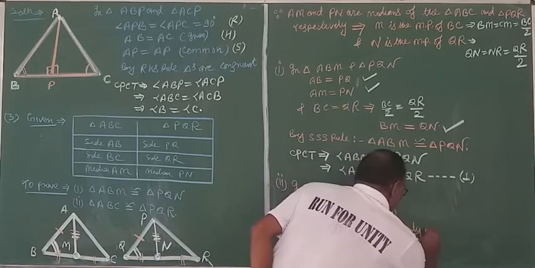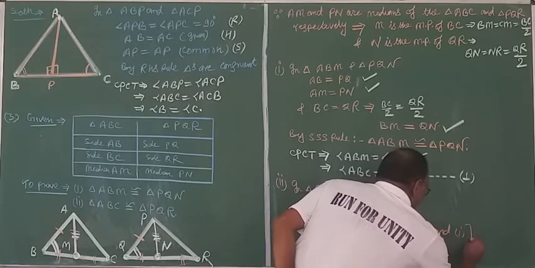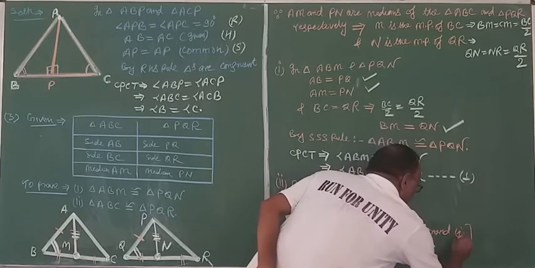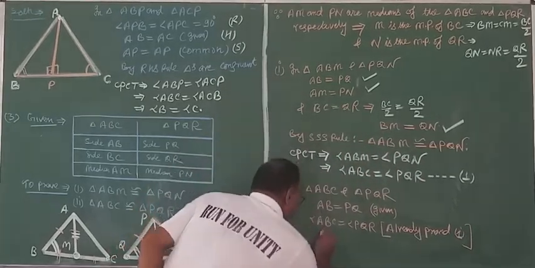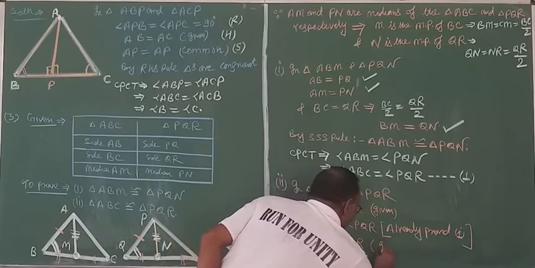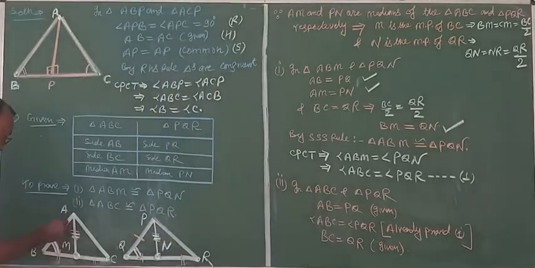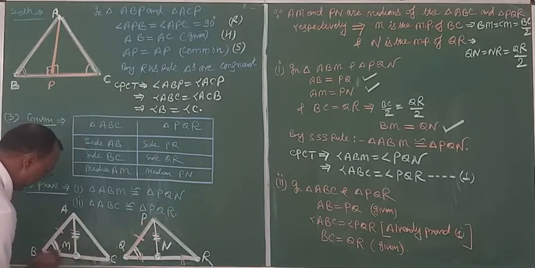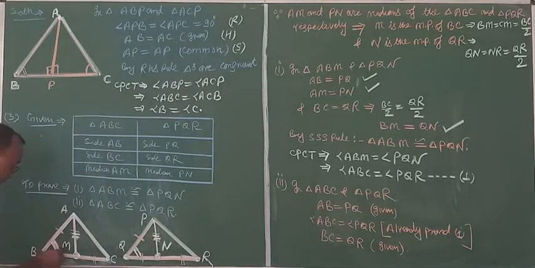Already proved in the first part, in equation 1. And the third thing, BC is equal to QR, it was also given in the beginning of the question. AB is equal to PQ, BC is equal to QR, and this angle is equal to this angle.